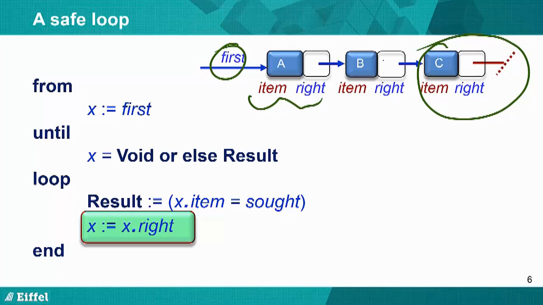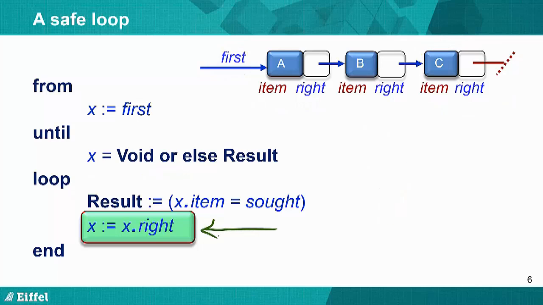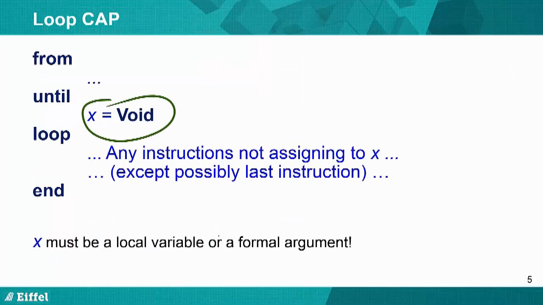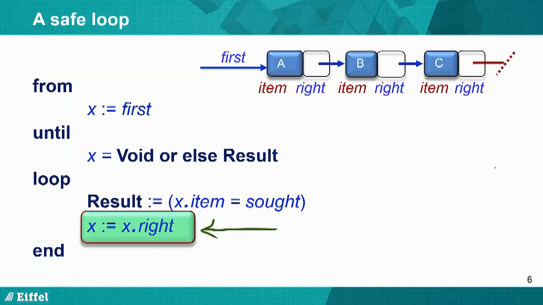And so the way we want to iterate over this is by testing if x is void, and each time through the loop we replace x by x.right, which falls exactly under the scheme of the previous CAP, since no instruction in the loop is going to assign to x, except in this case the last one. And because of this CAP, this scheme is going to work.